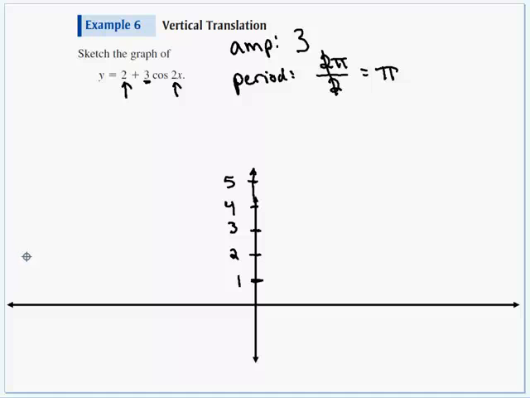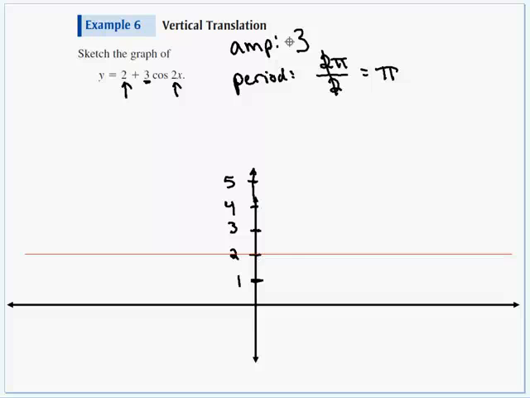So if I come here, nice thin red line. Usually the sine wave or cosine wave would go around the x-axis. That 2 has shifted us up 2, and we're going to go up and down around this red line. And let's do this. I'll use a couple blue lines here.